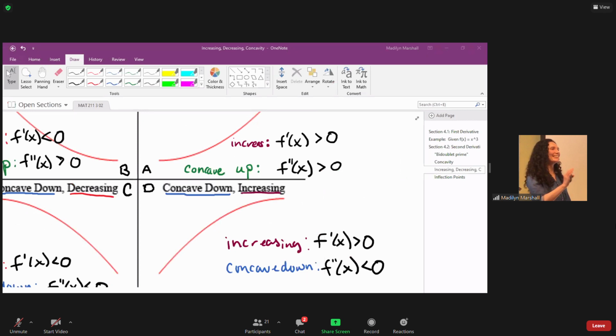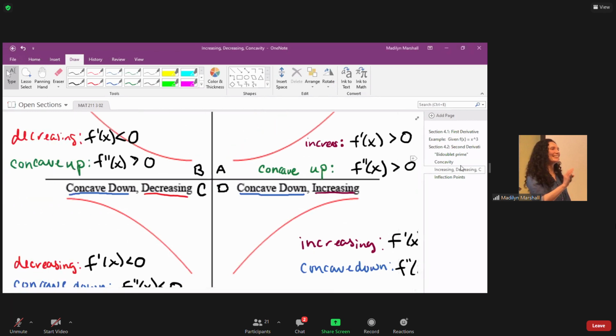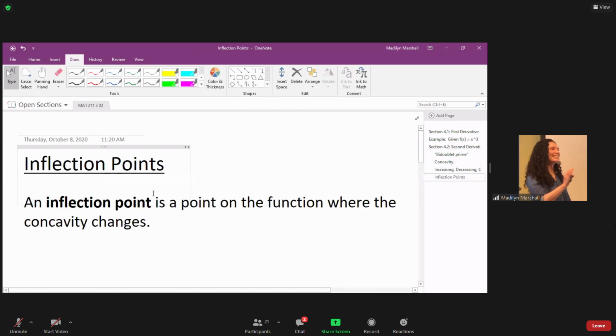So one last thing that we need to know for this section for now is about inflection points.